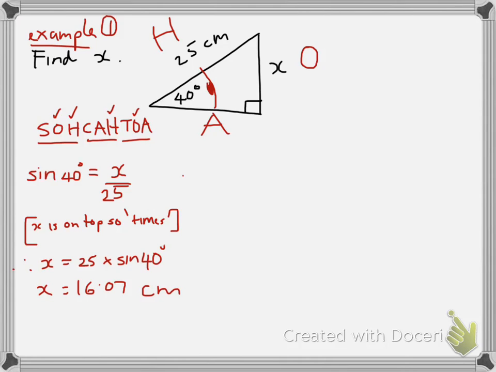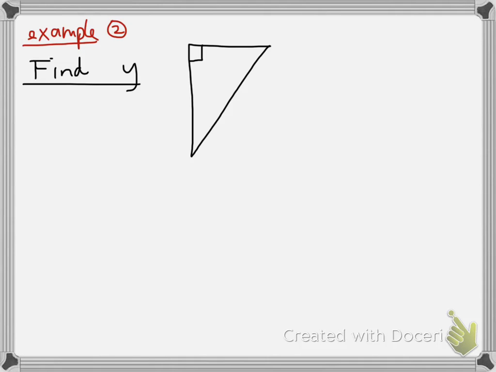Let's have a look at another example. In this example we want to find the value of y. Now you can see that we have got an angle of 32 degrees that's been given to us, and so we're going to draw an eyeball just there, and that's looking at the opposite side, which I've labelled.